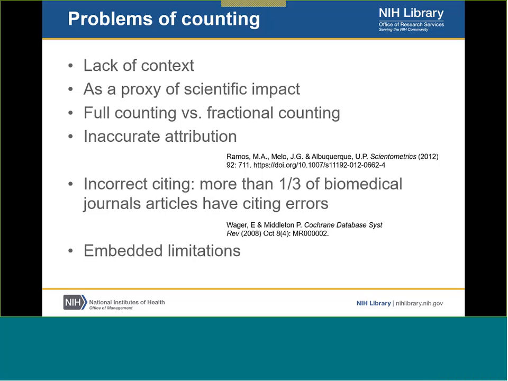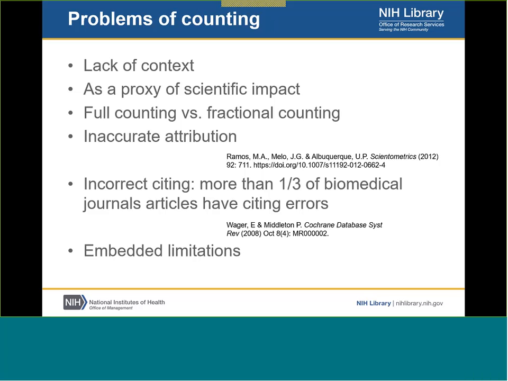There is also the problem of inaccurate attribution. Basically, this is the mistake in citation, giving the wrong credit. They don't really say what they mean, and they don't really support what you're going to say.